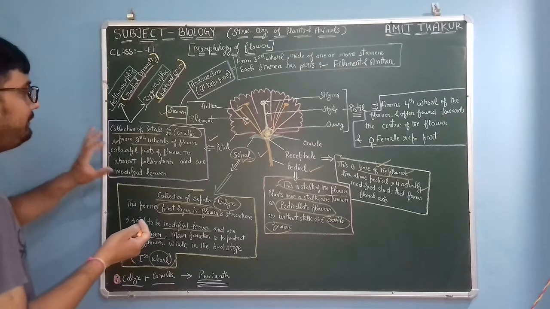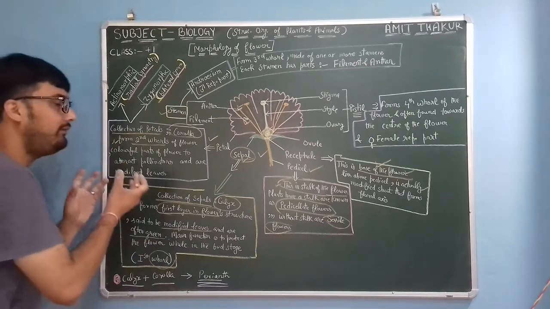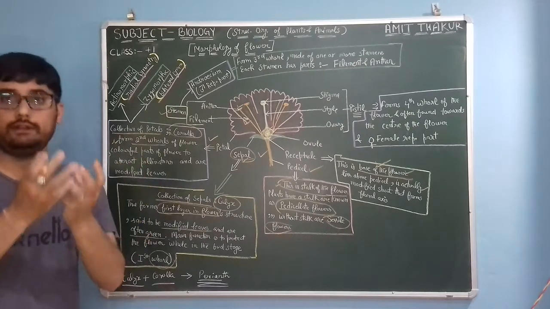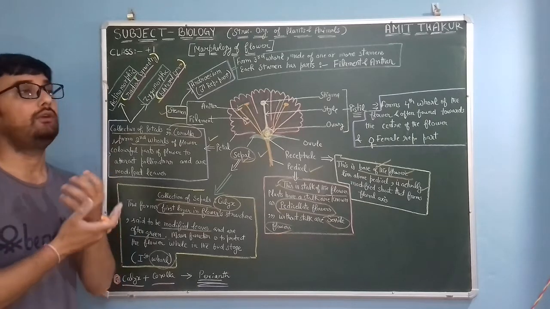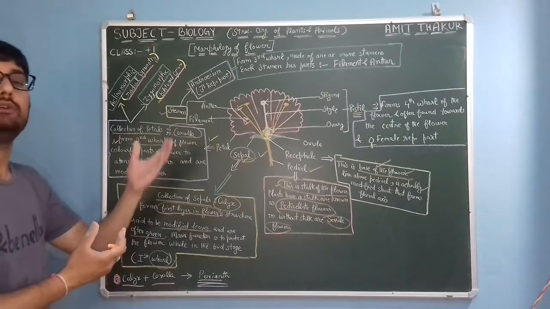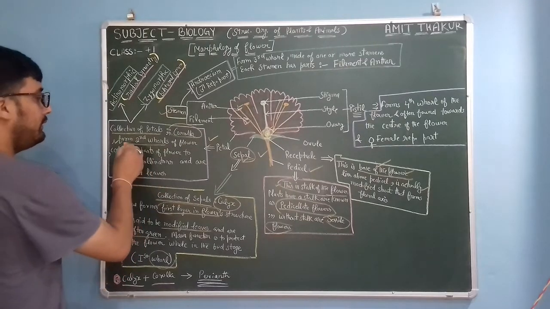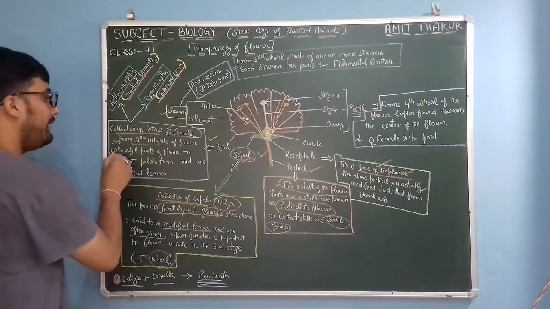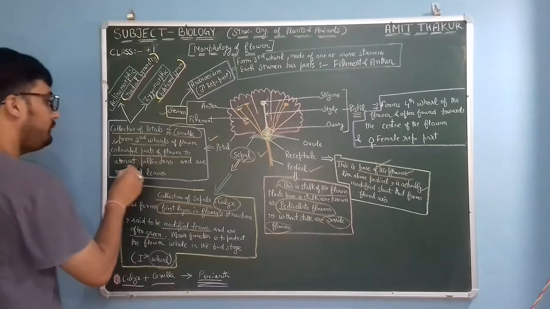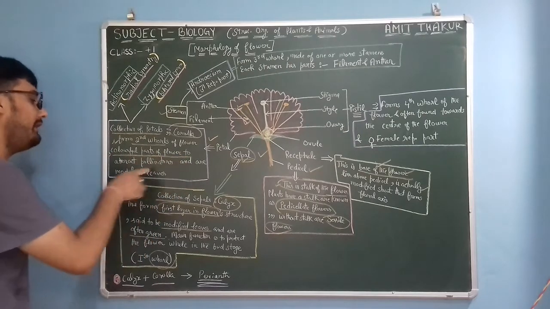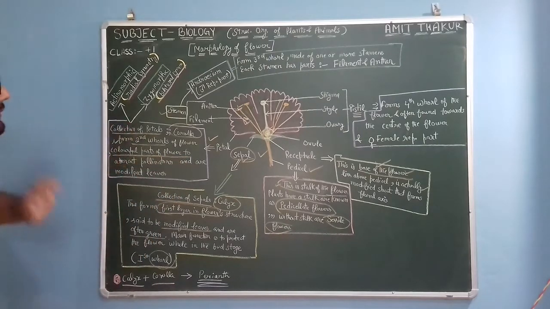Okay, and the main function of these petals is to attract pollinators in order to achieve pollination for the plant. So they form the second whorl of the flower. They are the colorful part of the flower to attract pollinators and are said to be modified leaves.